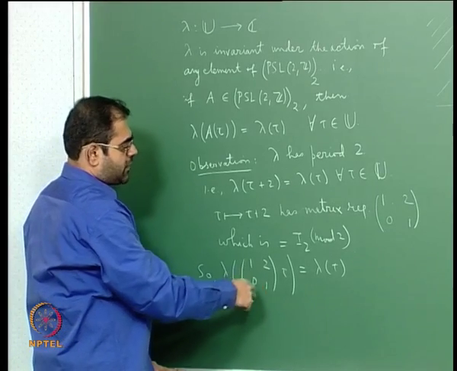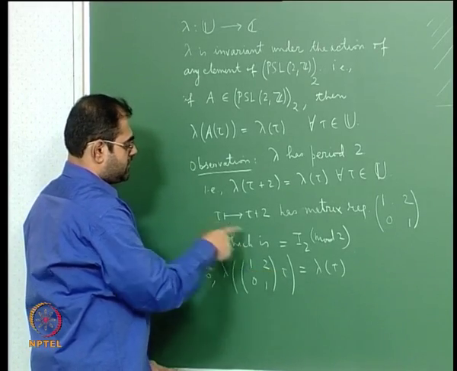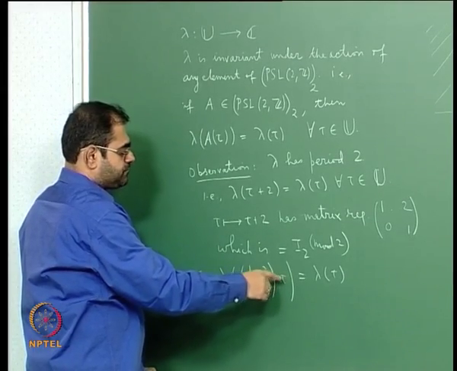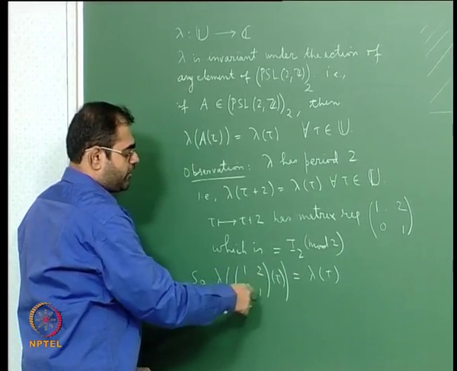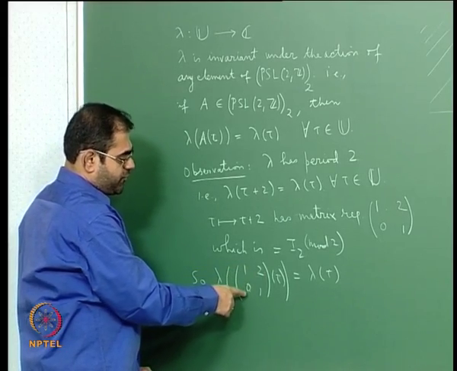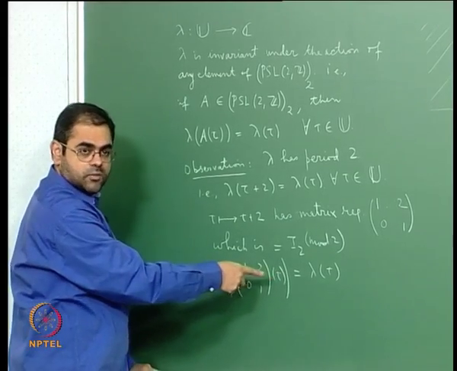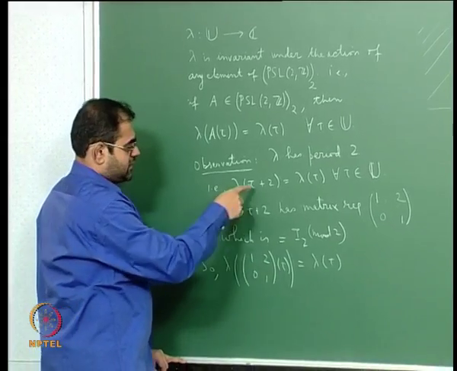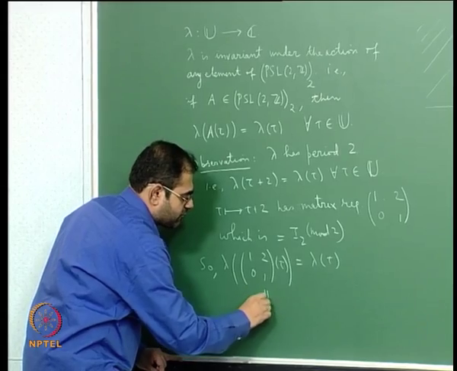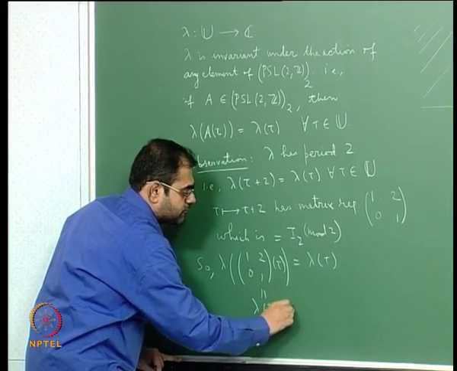So of course applying 1 2 0 1 to tau means that you are applying the Mobius transformation z goes to (1·z + 2)/(0·z + 1) to tau. So the left side is just lambda of tau plus 2.